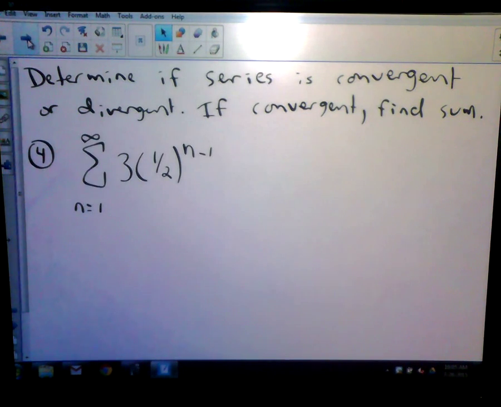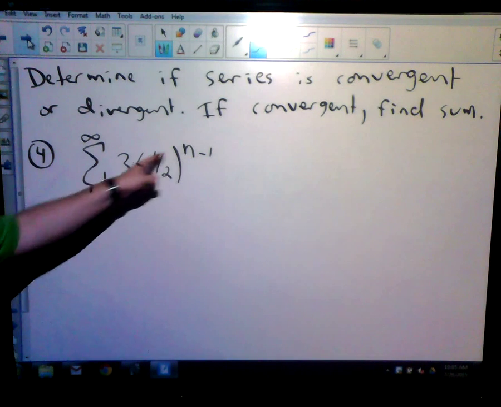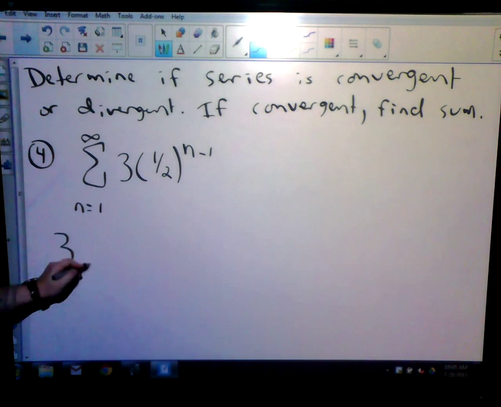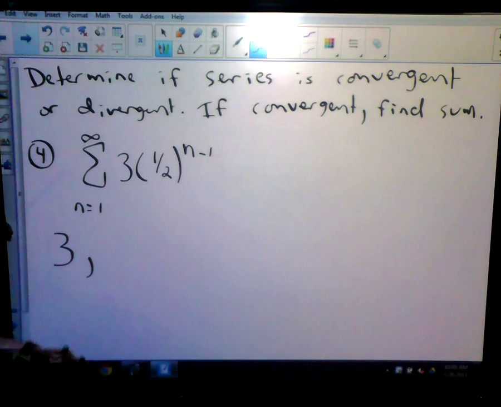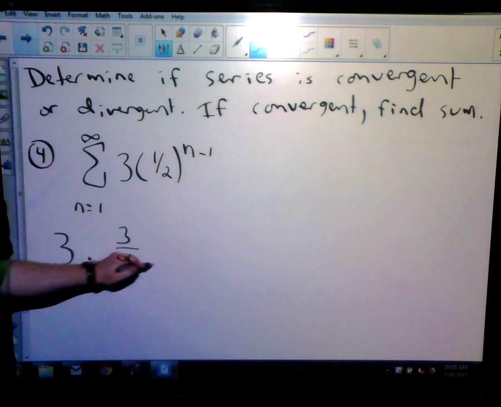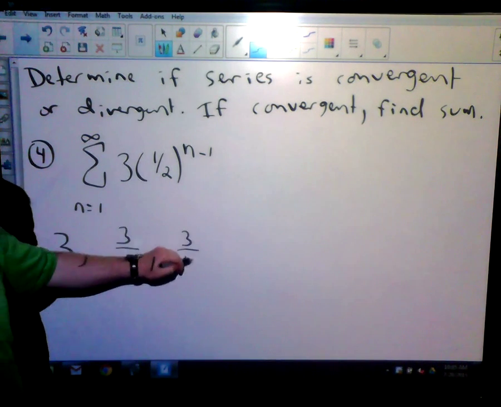Let's take a look at this one. Maybe it'll help if you write out some terms. If you plug in 1, you get 1/2 to the 0, which is 1, times 3. The next one's 3 times 1/2, so 3/2. The next one's 3 times 1/4, so 3/4.